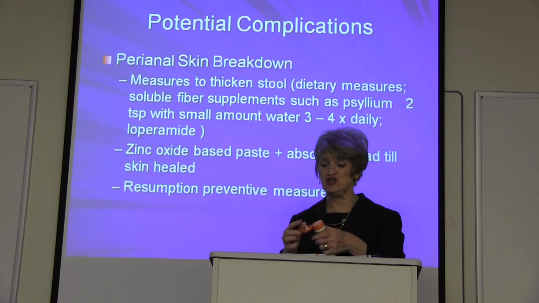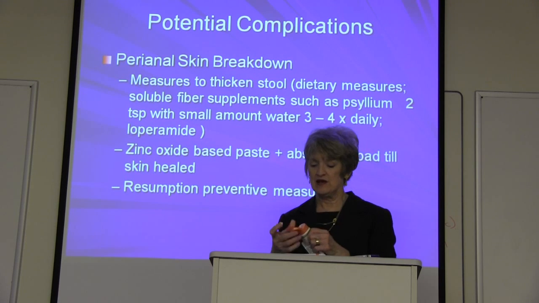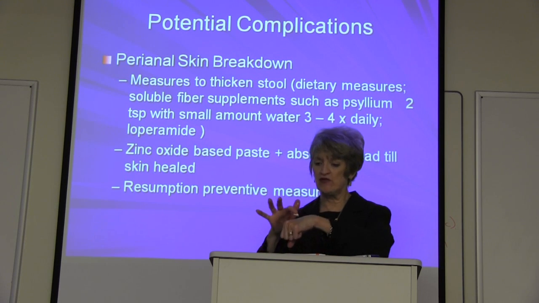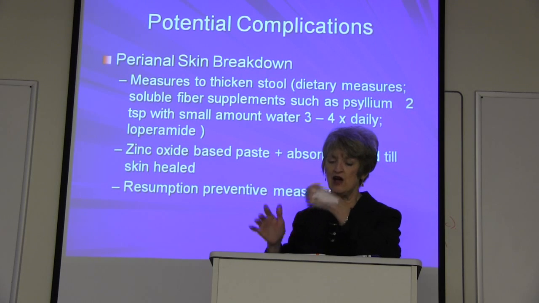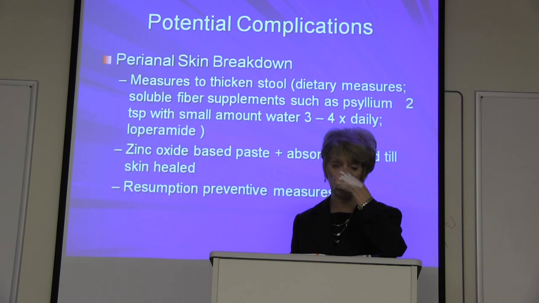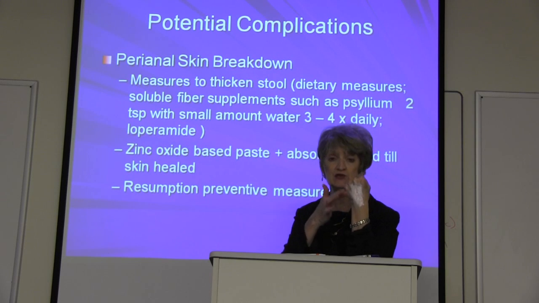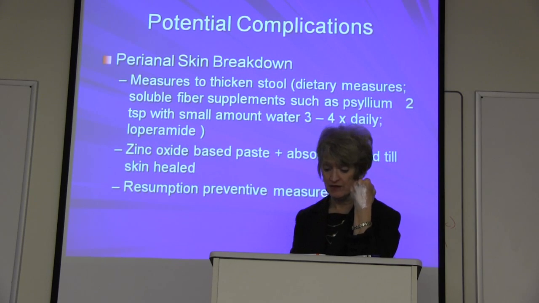In that situation, I'm going to need a zinc oxide-based preparation. So instead of an invisible film, I want a visible coat that I know is creating a significant barrier to that liquid stool and is protecting that raw skin.